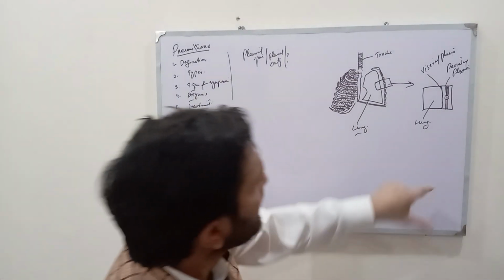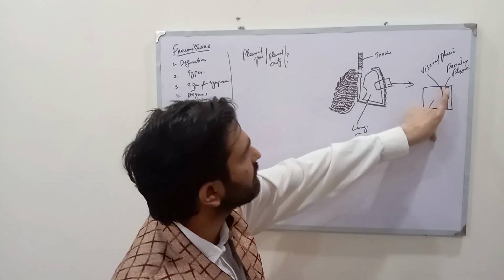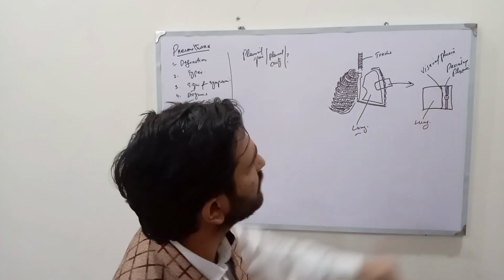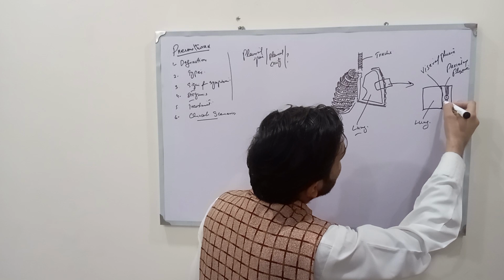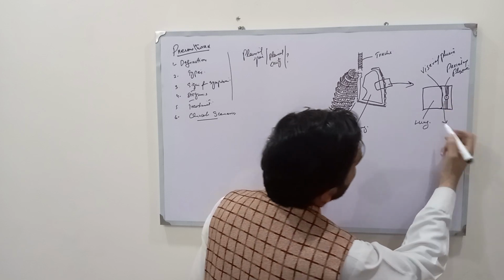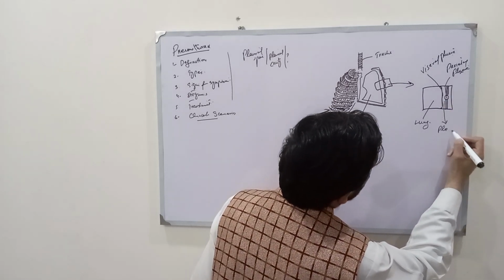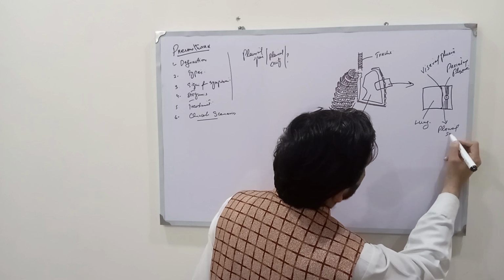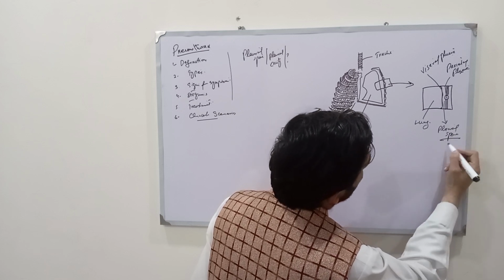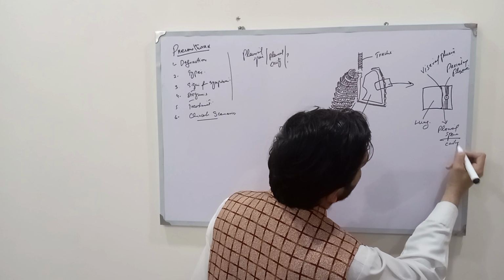So, between these two layers, the parietal pleura and visceral pleura, this space is exactly called the pleural space or pleural cavity.